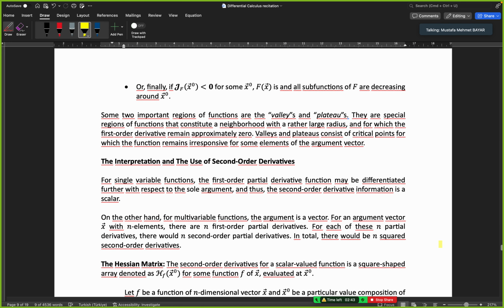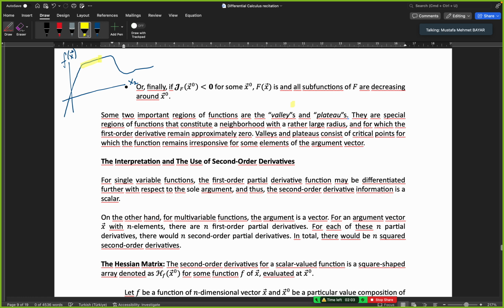So this is the interpretation of first order derivatives. But let me just introduce you to two weird regions in multivariable functions. Let me illustrate in one dimension. This is f of many x's, and this is just one of them, say x2, and this is how it behaves.